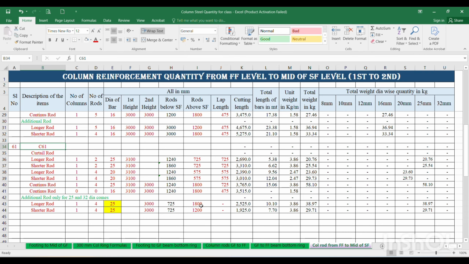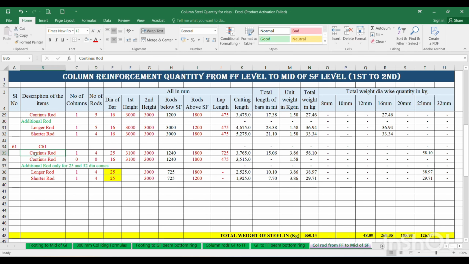Then in the Excel sheet, all the curtail rods are to be taken out, and for the continuous rod, 1 number of column and 12 numbers of 25 dia, first floor height is 3 meter and the second floor height is 3 meter, and the rod below second floor is 0.4 times of first floor height, and rod above second floor is 0.6 times of second floor, and this is the lap length for the below lapping rod.